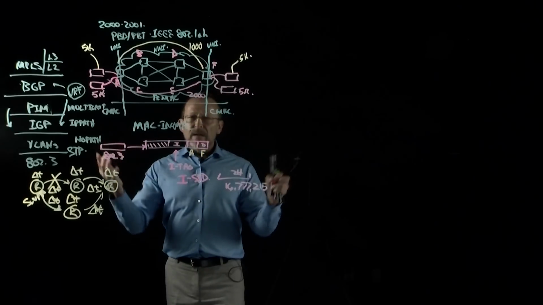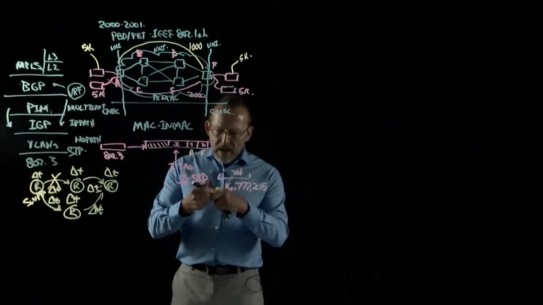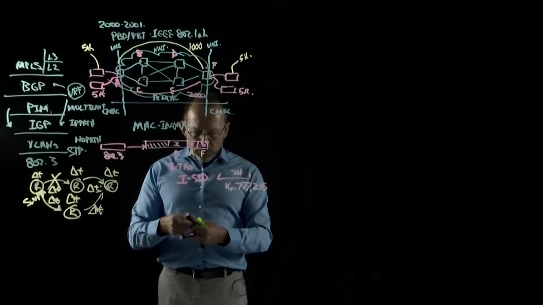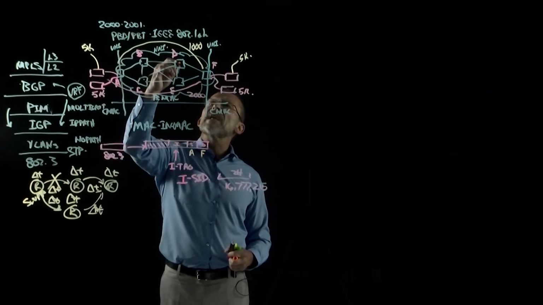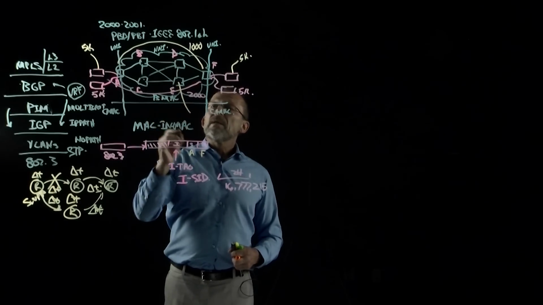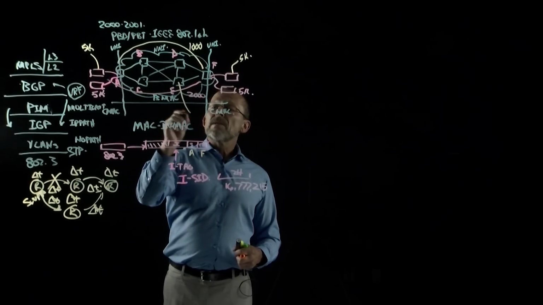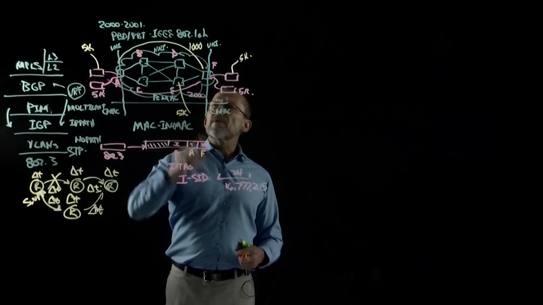But we still have one challenge that we have to handle. That is what happens when I put in an alternate client boundary. So let's say that we have somebody hanging off switch E, and they are part of I-SID 1000 as well. And let's say they have 5,000 MAC addresses.